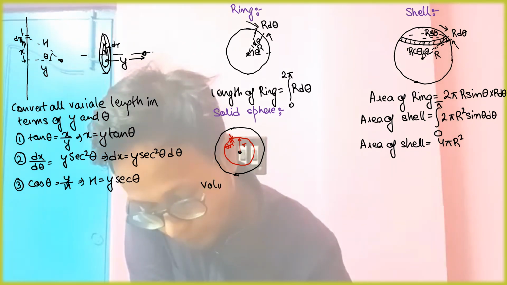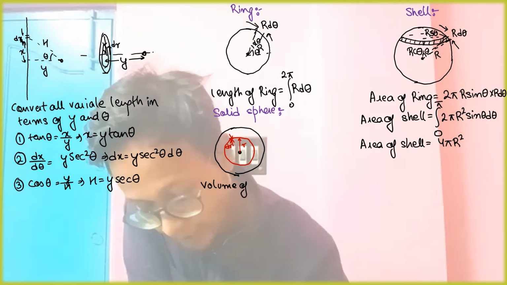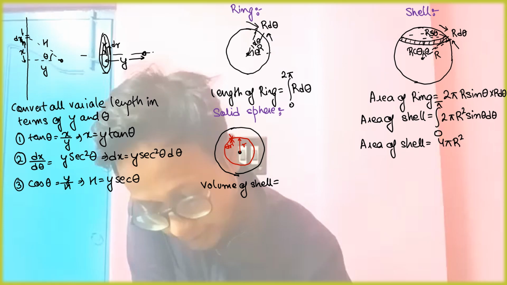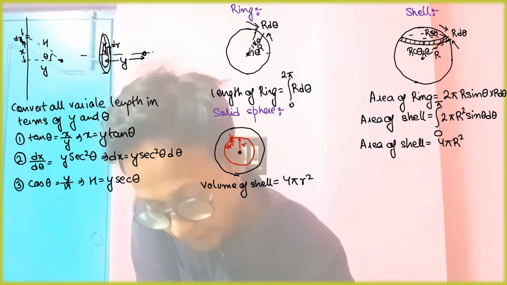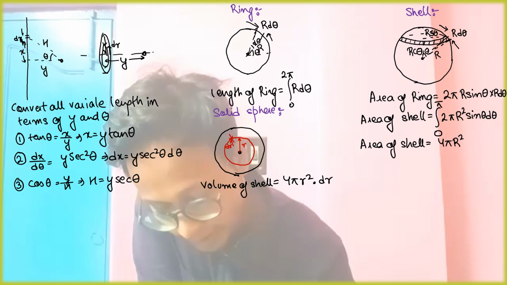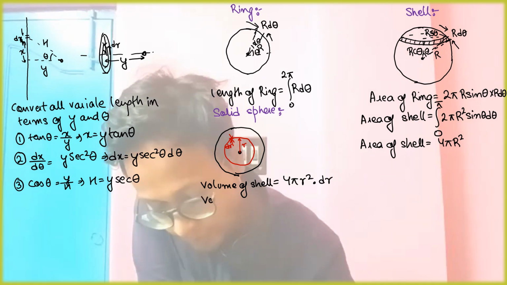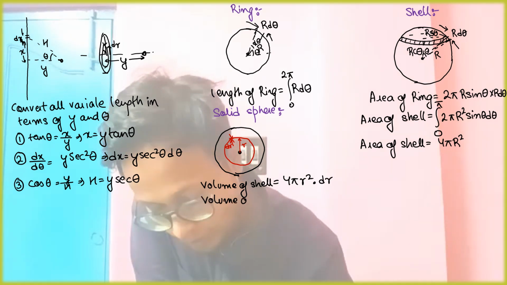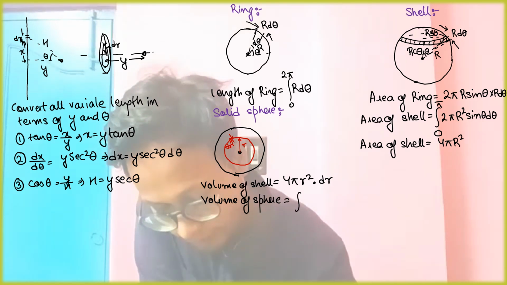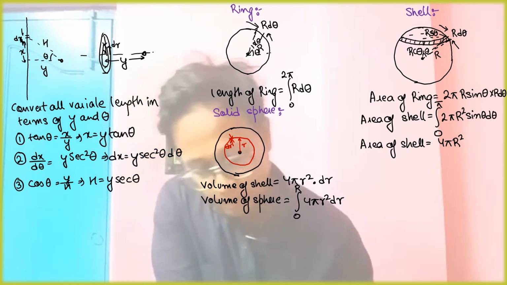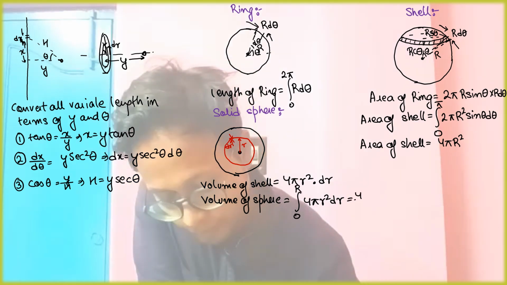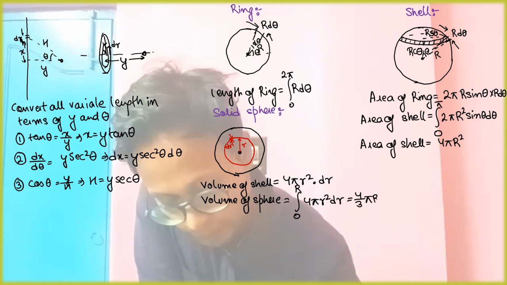So volume of elemental shell is nothing but 4 pi r square, which is the surface area of the shell, into dr, the thickness of the shell. Volume of sphere is nothing but integration of this entire thing from 0 to r, which will give you 4 by 3 pi r cube.